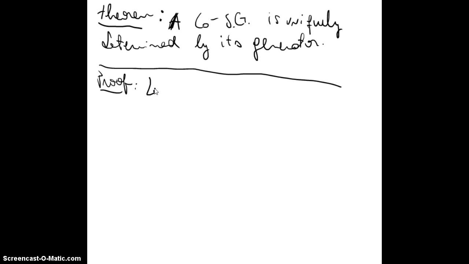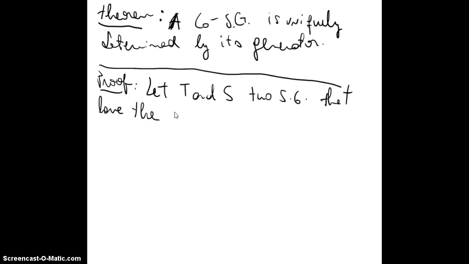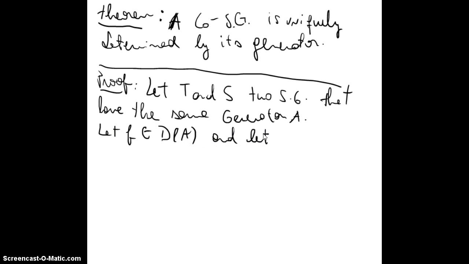So suppose that we have T and S, two C0 semigroups that have the same generator, the same generator A, let's say. Then let f be in the domain of A, and let t be greater than 0.